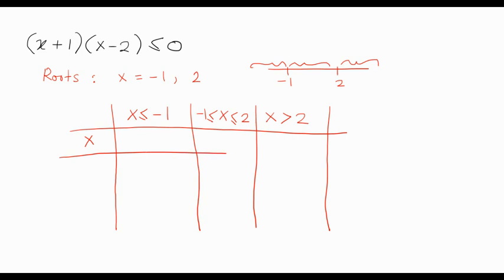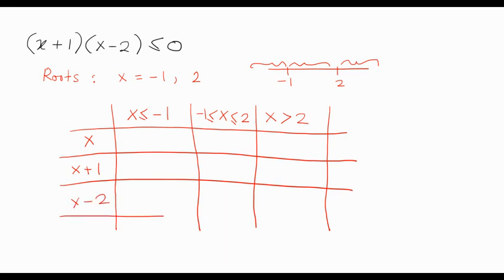And then in the other row, I will put my first factor. And then in another row, I put my second factor. The last row, I will put the multiplication of my two different factors.